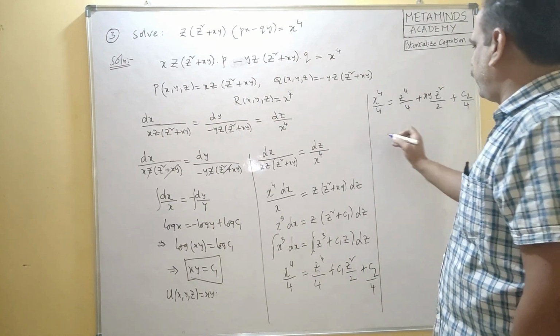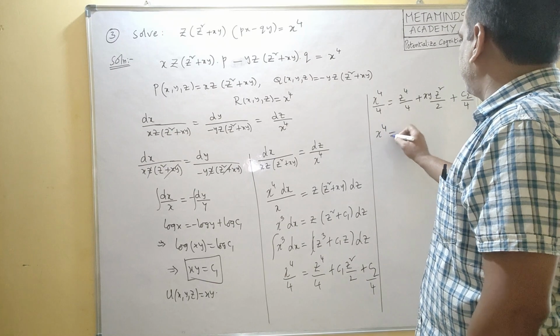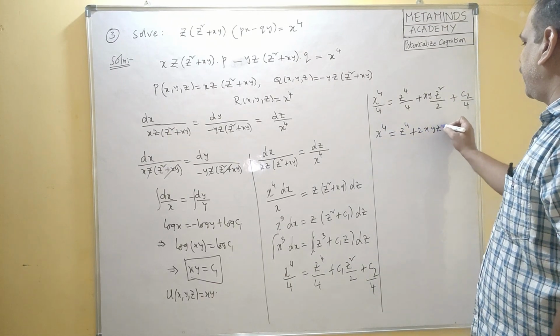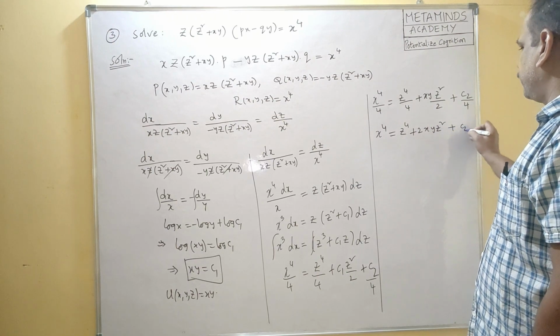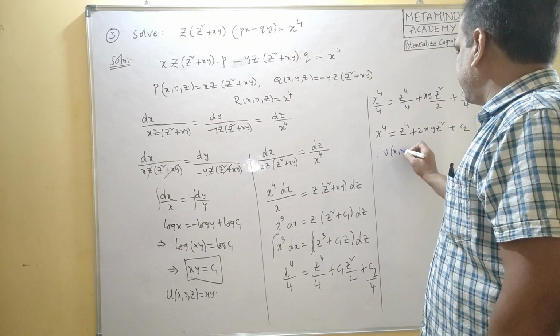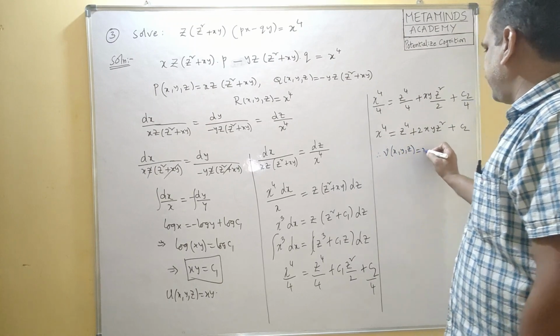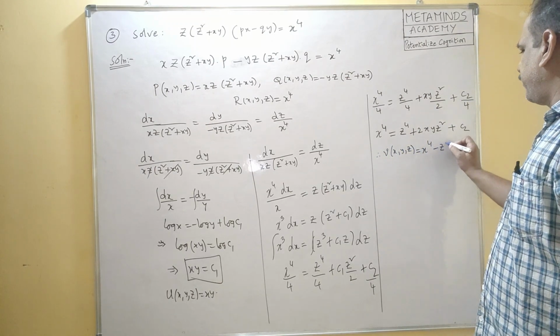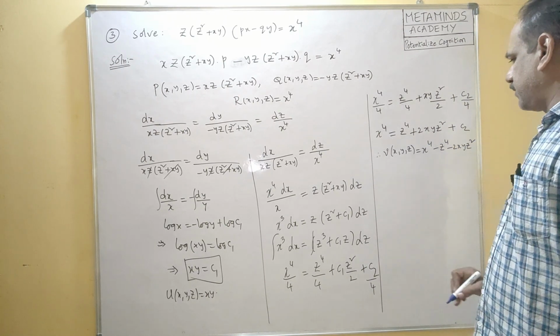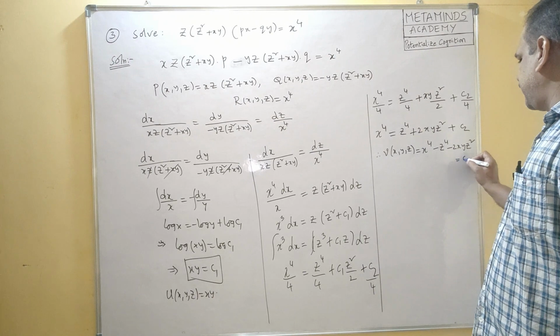So you take LCM, 4 gets cancelled, x power 4 equal to z power 4 plus 2xy z square plus c2. Therefore, v of xyz is x power 4 minus z power 4 minus 2xy z square equal to c2.